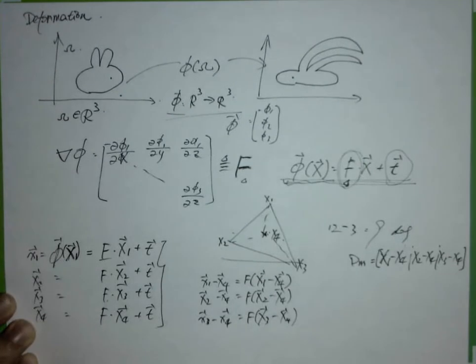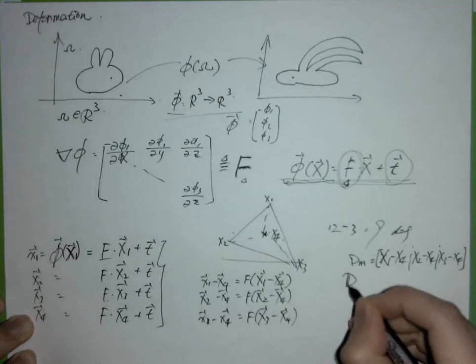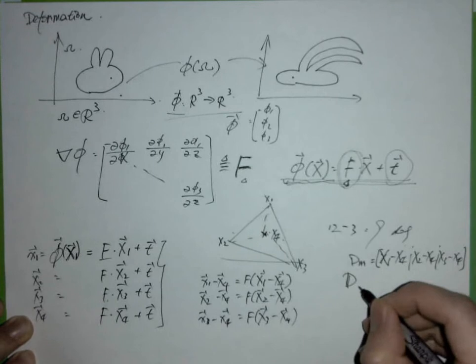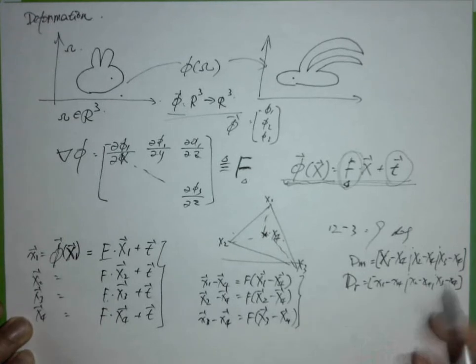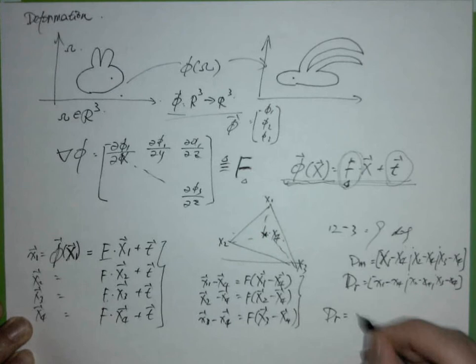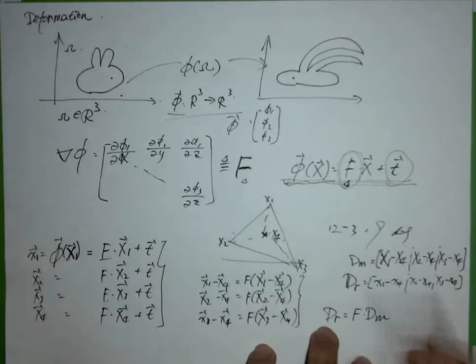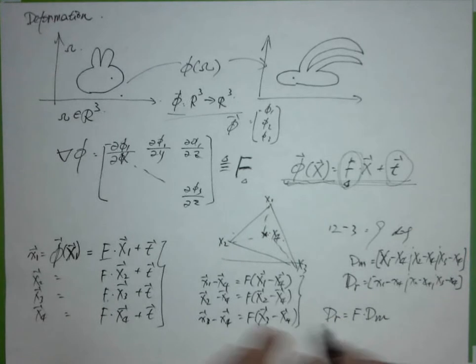And I can also have another matrix Dr equals the current pose lowercase x1 minus x4, x2 minus x4, and x3 minus x4. We can write this equation as Dr equals F multiplied by Dm, because both of those matrices are 3x3 matrices, and this becomes a matrix form.